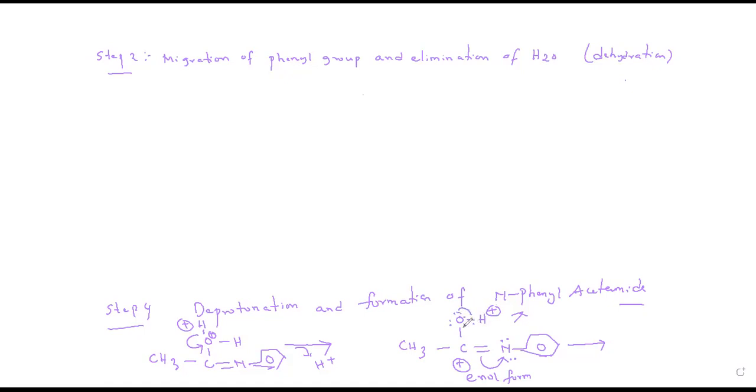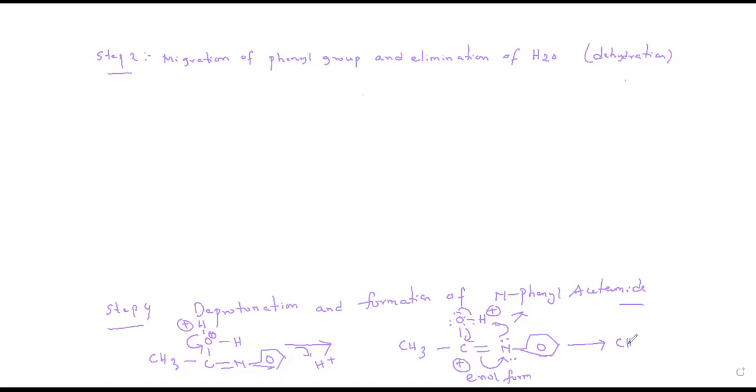This extra lone pair of electron, it will donate for carbon. So carbon will form a double bond with oxygen. And here nitrogen is having two lone pair of electrons. This extra lone pair of electron, it will donate for hydrogen. Therefore, nitrogen will form another bond with hydrogen atom.